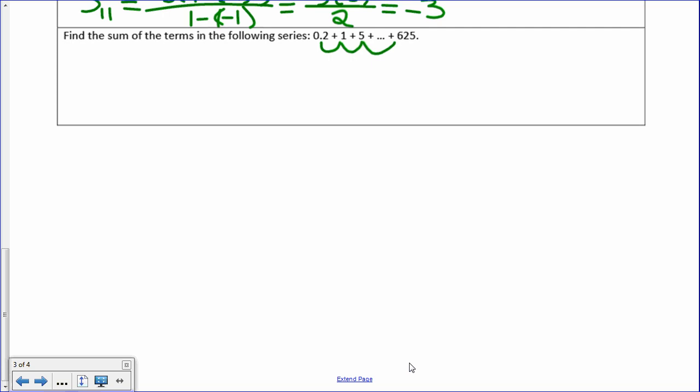Just write it out. And you do know r, right? So to figure out what that is, you can divide backwards. If you do 1 divided by 0.2 or 5 divided by 1, you get 5.